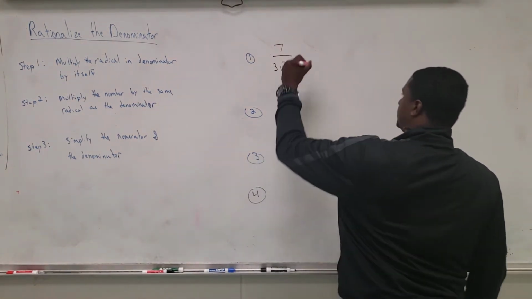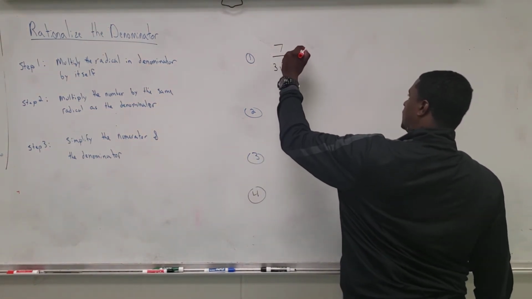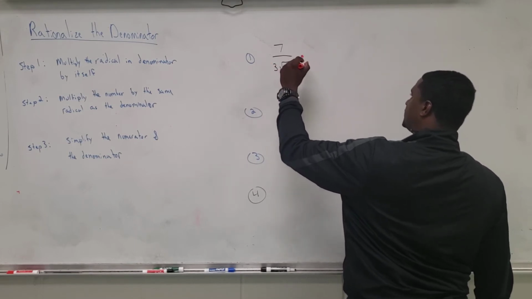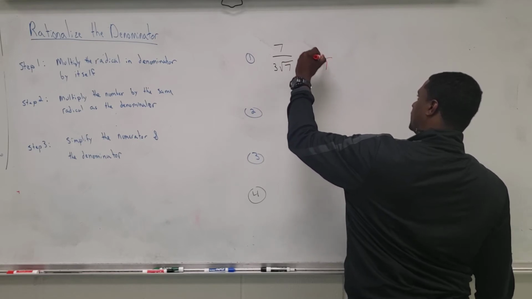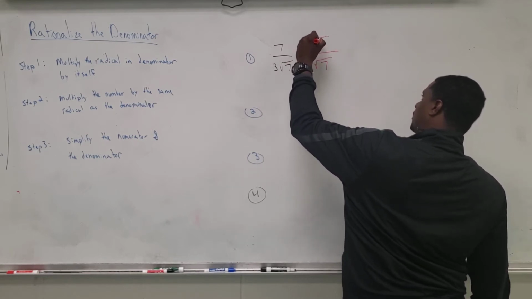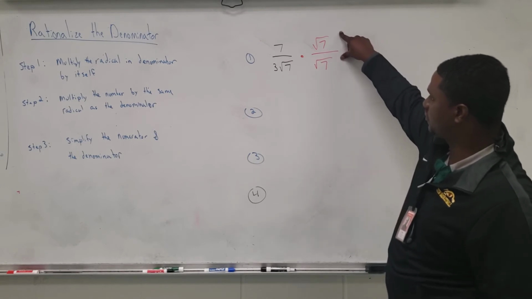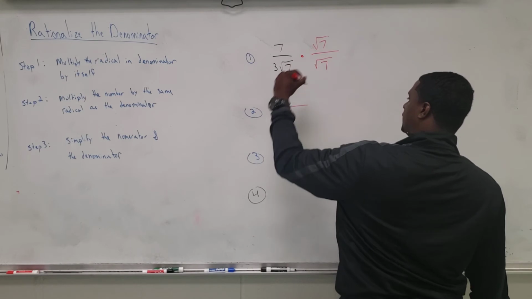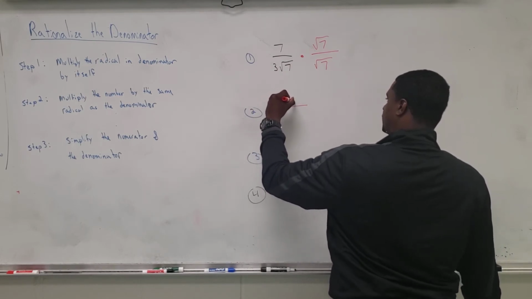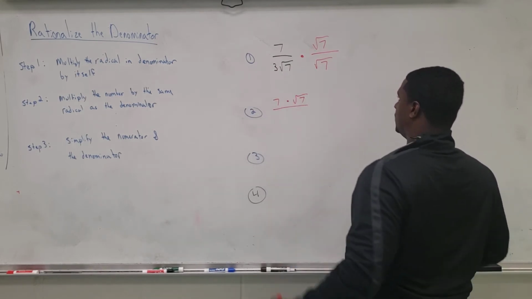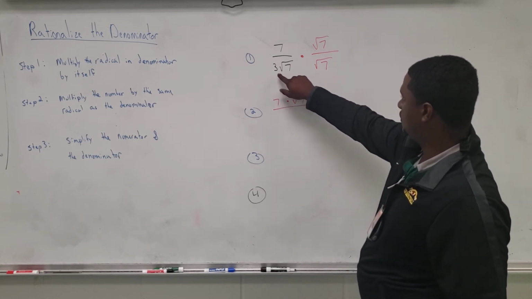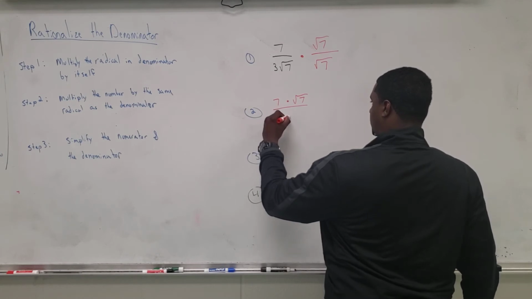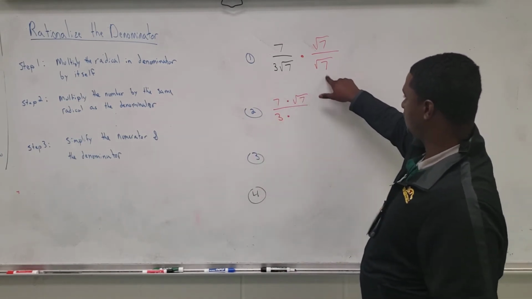My radical is square root of 7, so I'm going to multiply both of these by the square root of 7. Right? So now I have 7 times square root of 7. Now I have 3 times 1 is 3, times square root of 7 times square root of 7 is just 7.